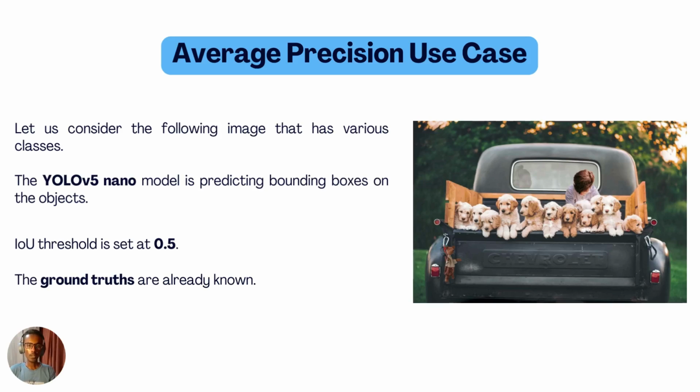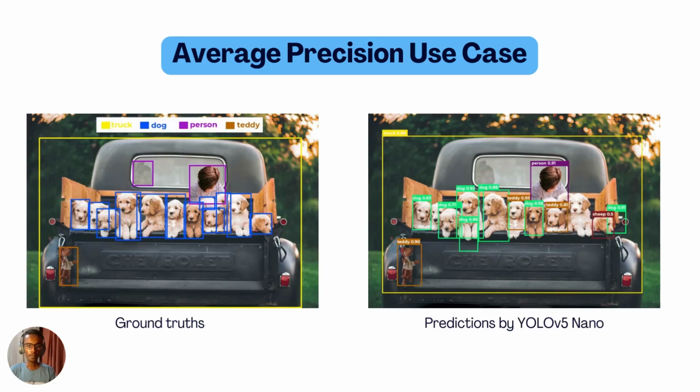So let's take a look at one use case for average precision. This is an image, and the YOLO V5 nano model is predicting the bounding boxes on the objects, and we use an IOU threshold of 0.5. The ground truths are already known.